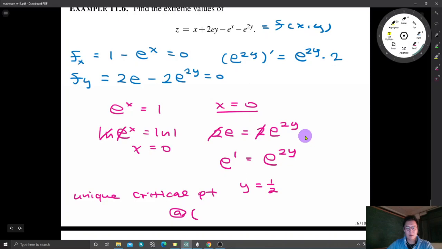Okay? F sub xy. There is no y here, right? But when we compute f sub xy, y is the only variable, but there's no y here. Everything is a constant. So the derivative is going to be 0. Right? So f sub yx is also equal to 0. That follows from Young's theorem. And then f sub yy.